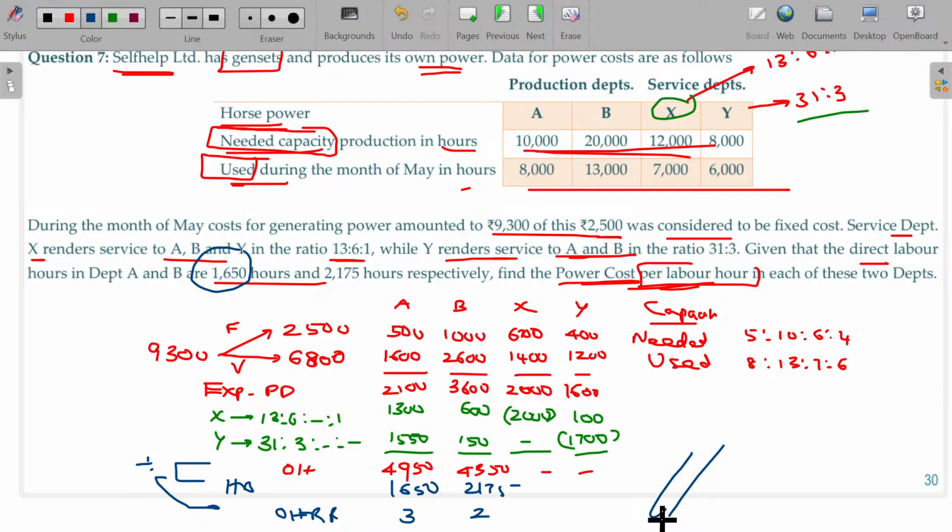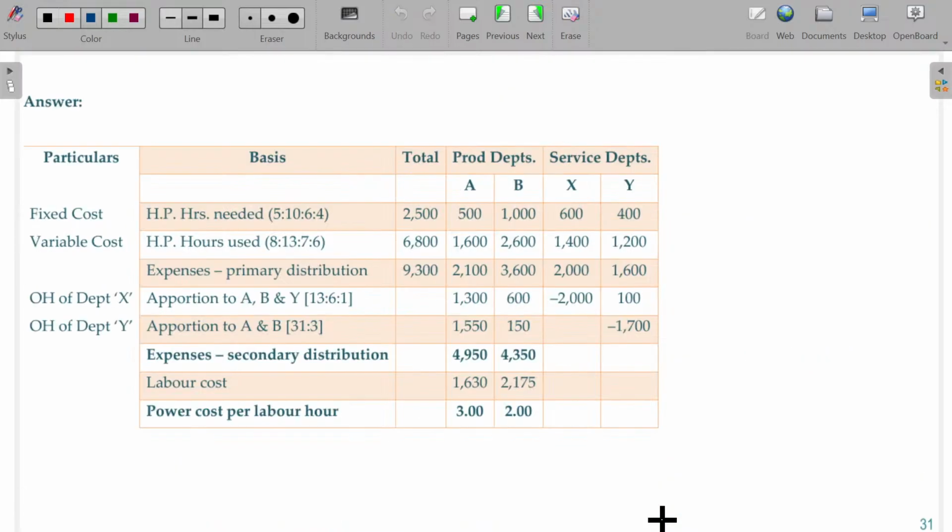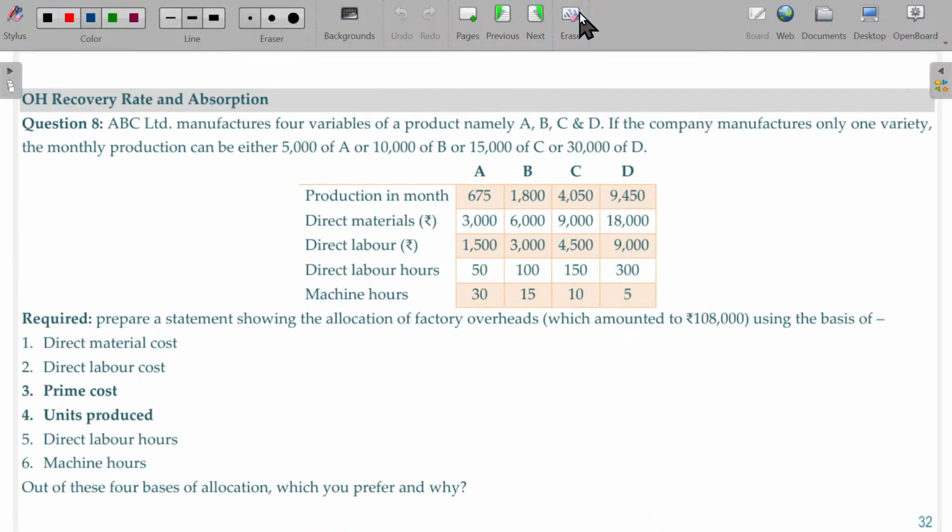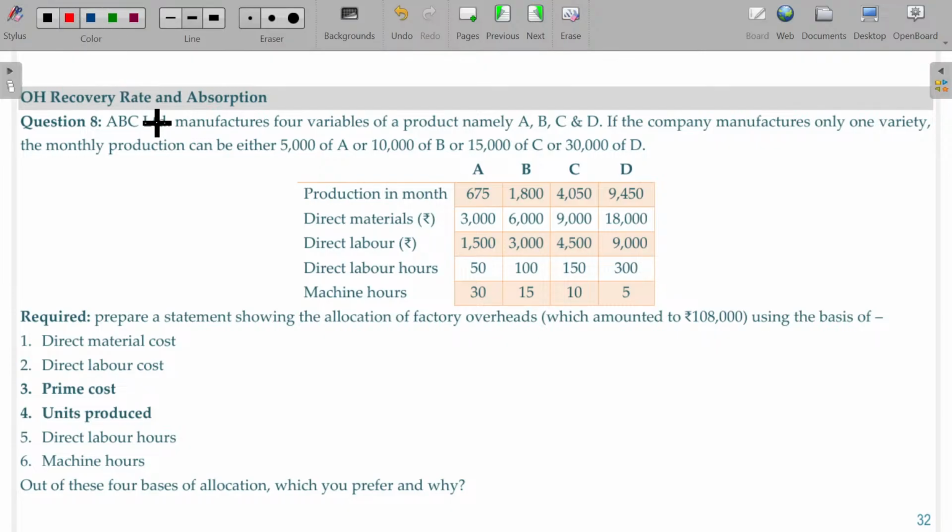Now, we'll move on to the next illustration. This illustration is all about calculating the overhead recovery rate for absorption purpose.